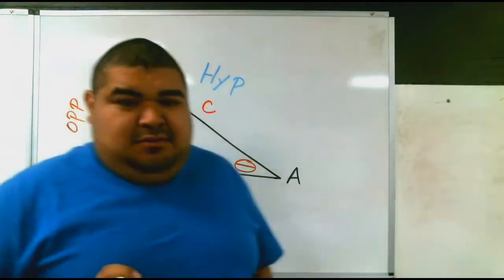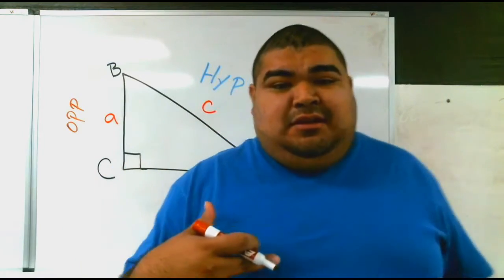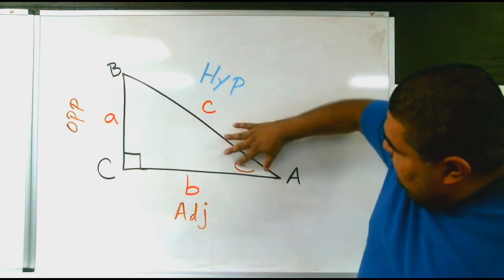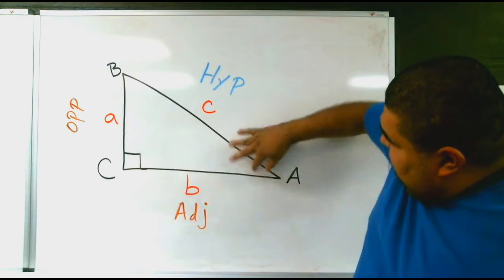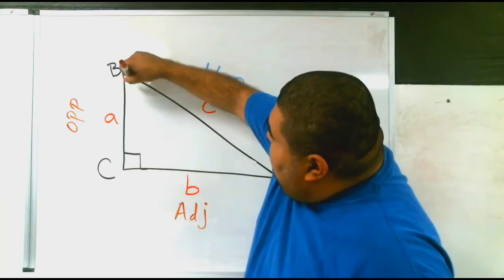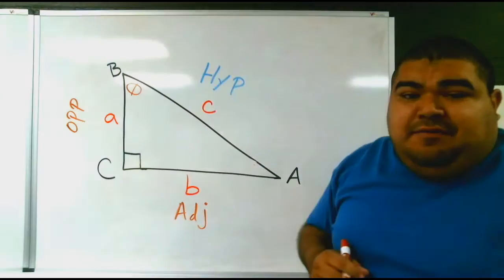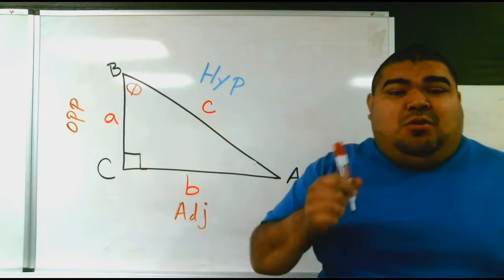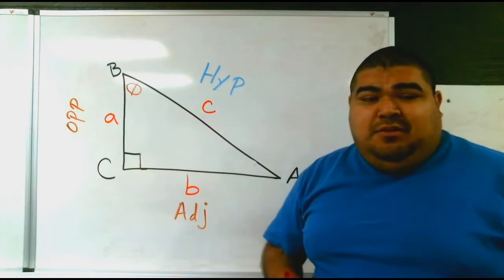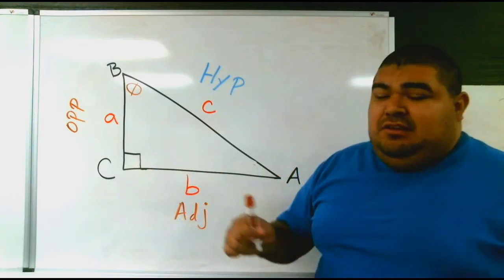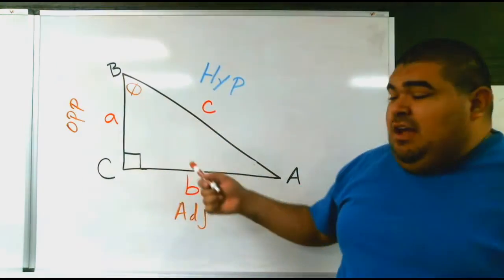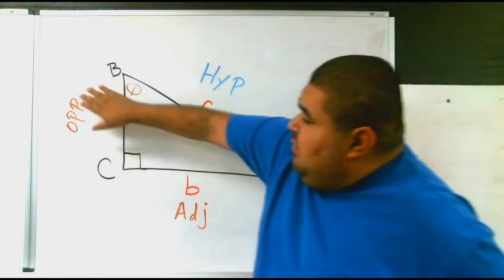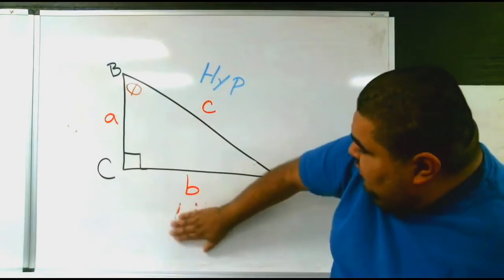Keep in mind, if theta changes, let's say now this time it's going to be over here. Now we're going to move it over here. If that happens, your hypotenuse, again, always stays the same because of the right angle. The only thing that changes, again, across from theta is always opposite. So instead of opposite over here, now the theta is over here, we're going to move it over here.